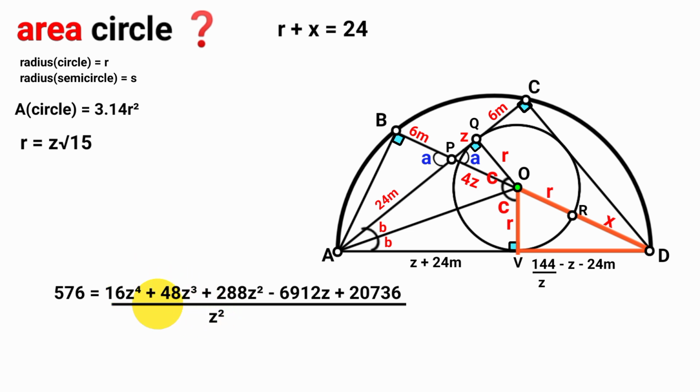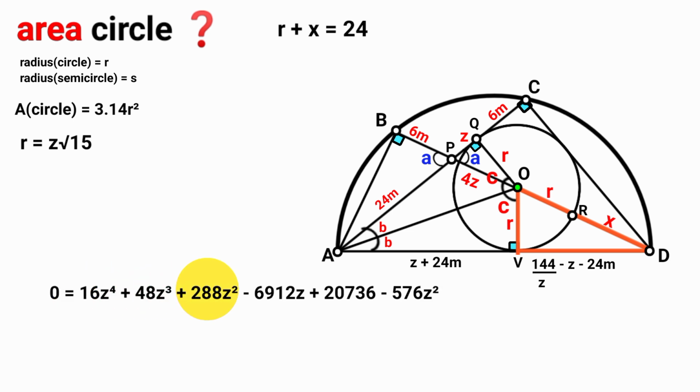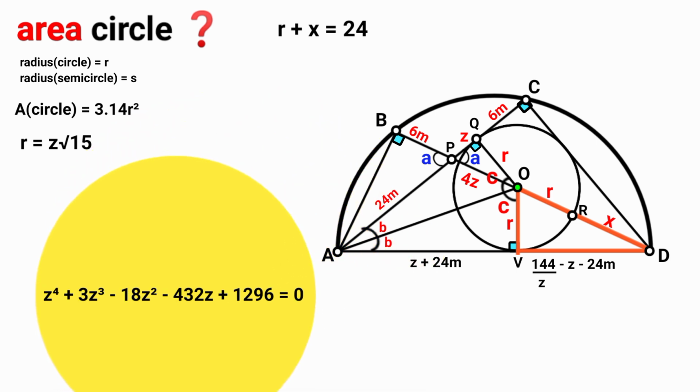This z squared will multiply by this, and if you take it to the right, this 288z squared minus 576z squared is minus 288z squared. So 16z raised to the power 4 plus 48z raised to the power 3 minus 288z squared minus 6912z plus 20,736 equal to 0. If you divide through by 16, you'll get z raised to the power 4 plus 3z cubed minus 18z squared minus 432z plus 1296 equal to 0.